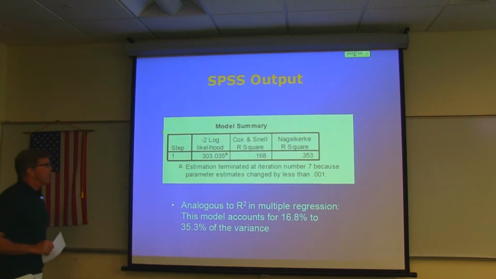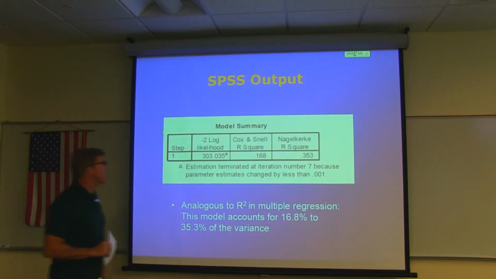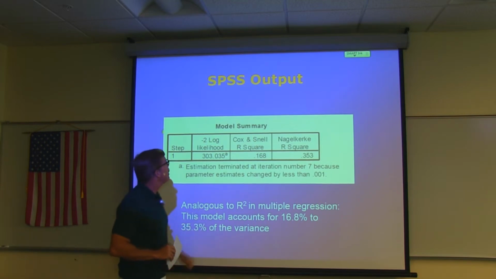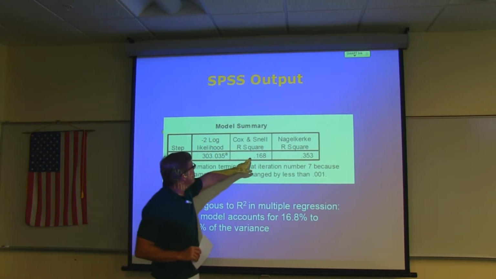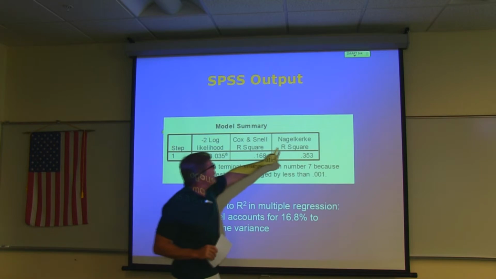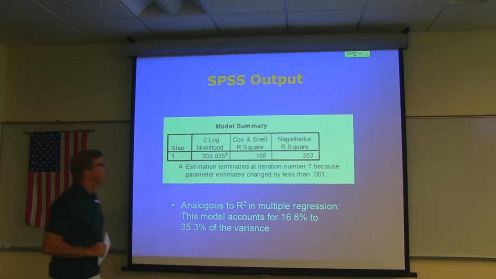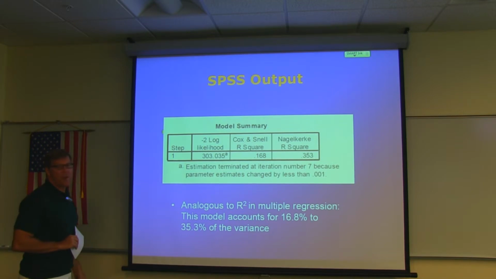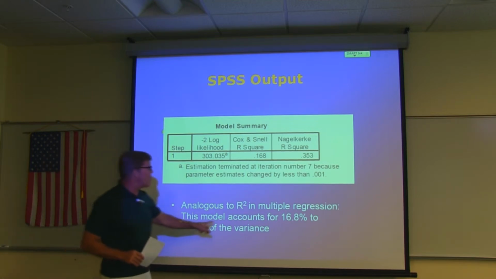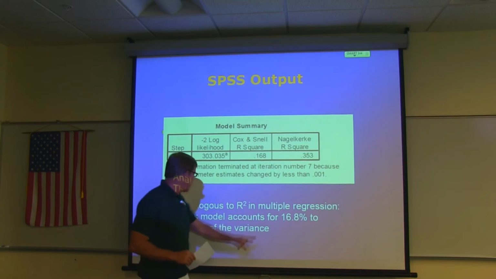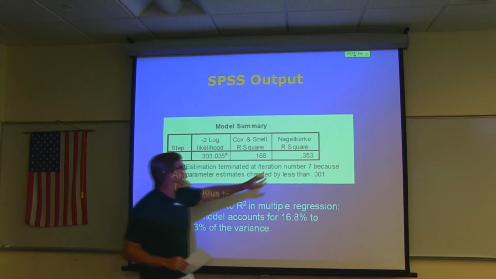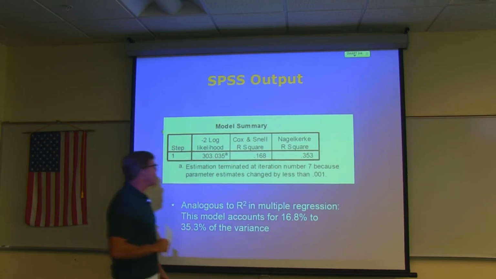Model summary. Look what we have here. Something analogous to R squared. We have Cox and Snell R squared and Nagelkerke R squared. What's R squared? The amount of variation in Y that can be explained or predicted by the variation in X. So again, this is telling us that this model accounts for about 16.8 to 35.3% of the variation.